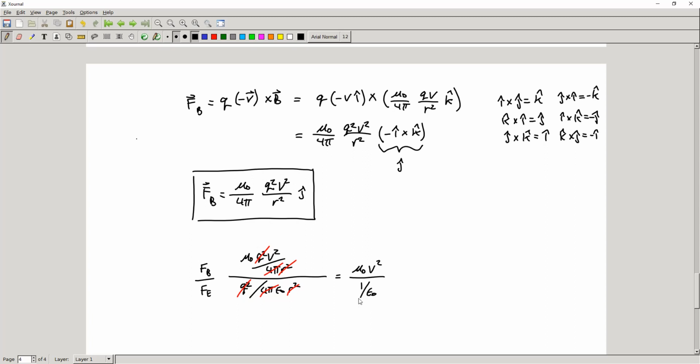I can clean this up a little bit. We're going to end up with epsilon naught mu naught times v squared. Okay, and if we remember from our discussion above, this collection of epsilon naught and mu naught is just really 1 over c squared. And so this is equal to v squared over c squared.